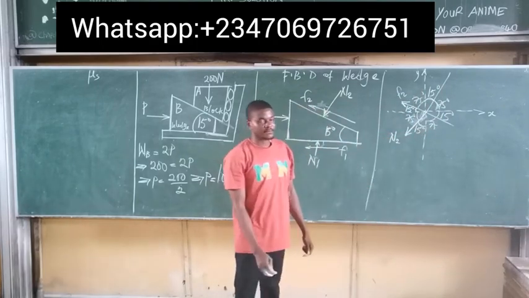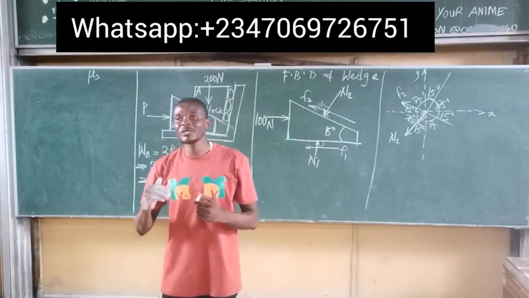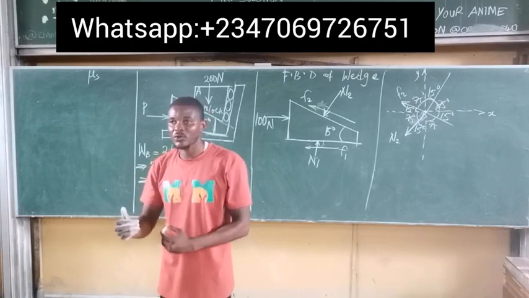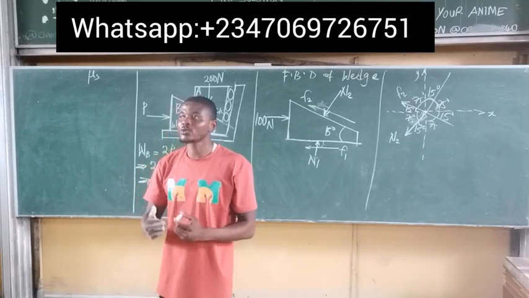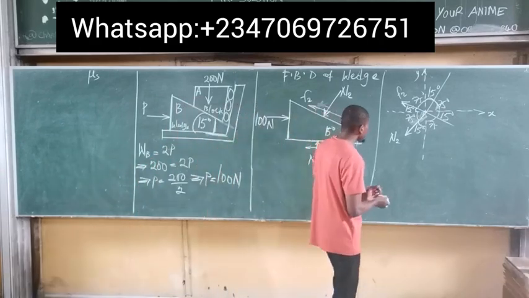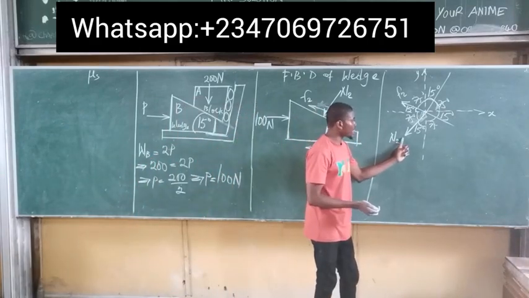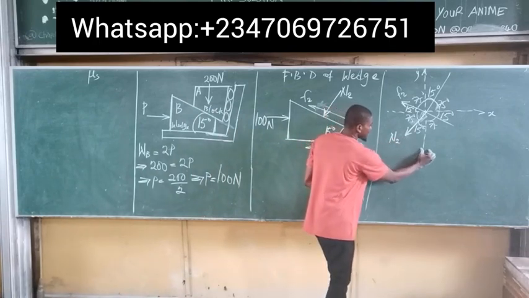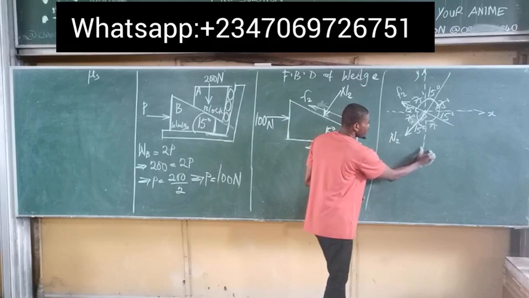So all we need to do now is resolve the frictional force and normal reaction into vertical and horizontal components. To resolve the normal reaction into its vertical component, you hold the tip of the angle and pull this force till it meets the vertical line.